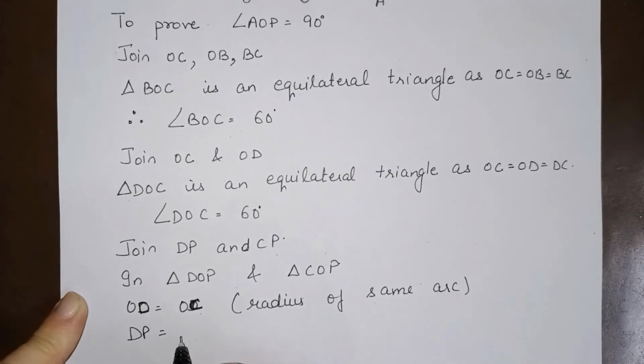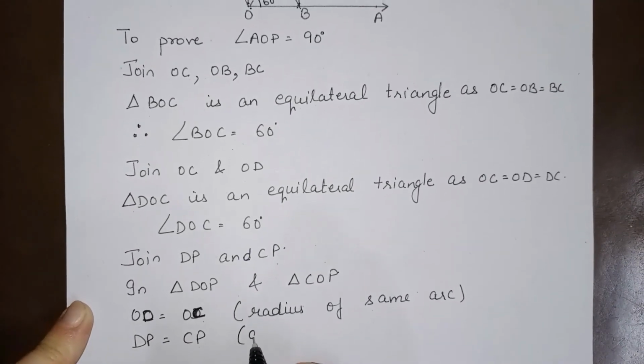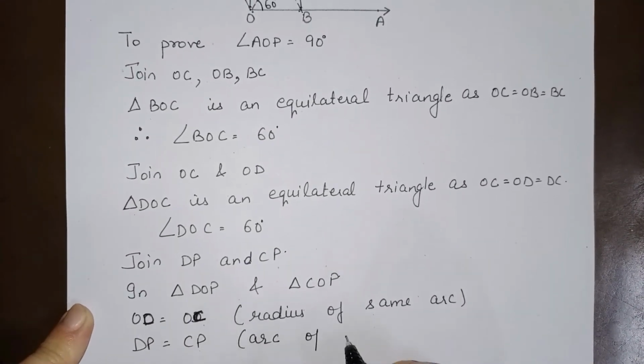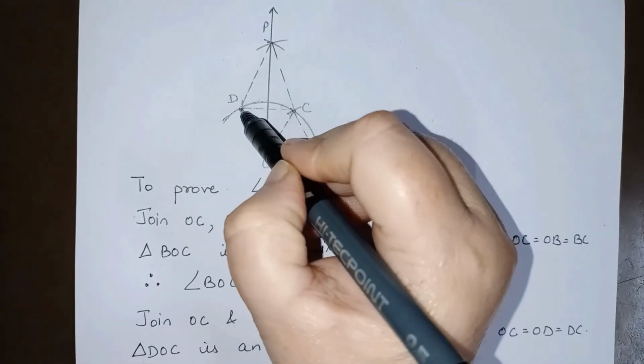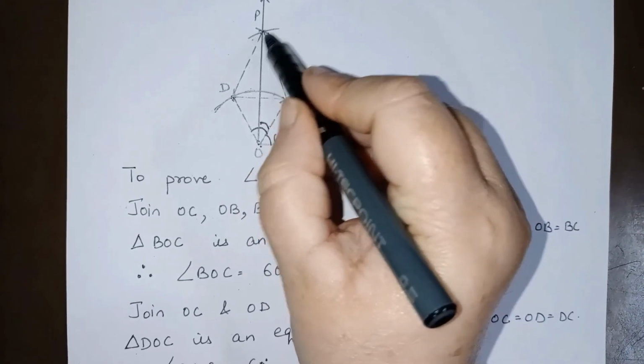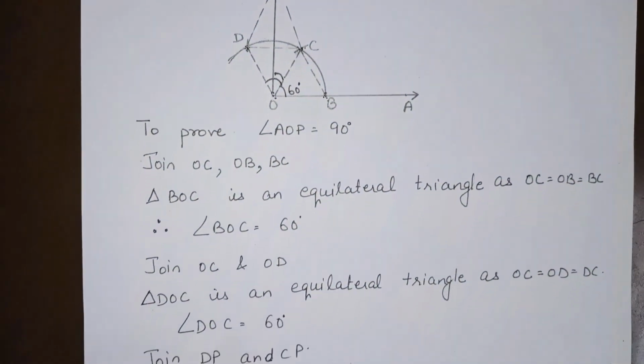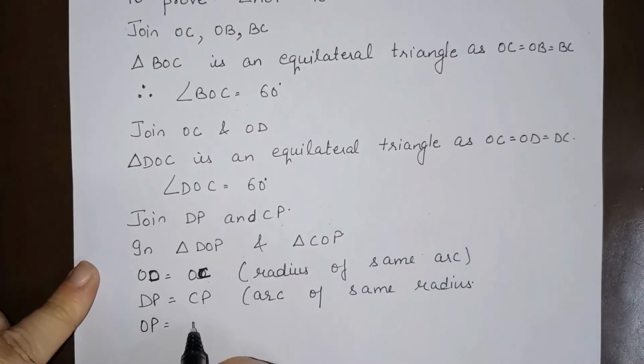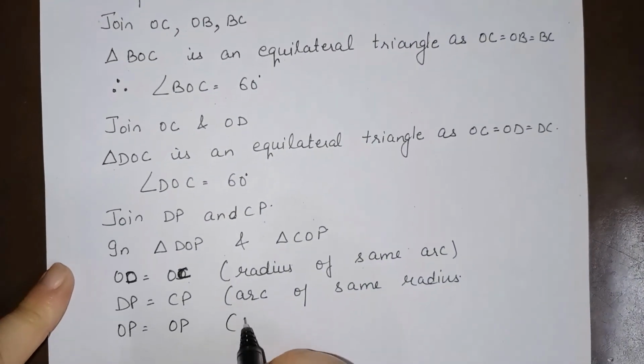DP is equal to CP. They have arcs of same radius. See, these two arcs we have drawn with same radius. This same radius is taken to draw these two arcs. Also, OP is equal to OP. This is common.